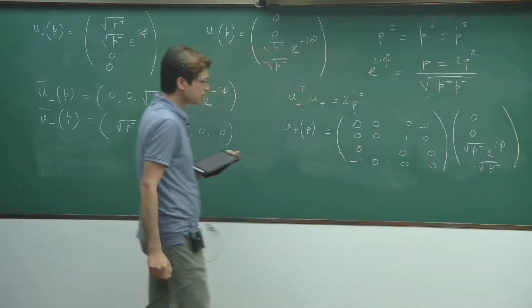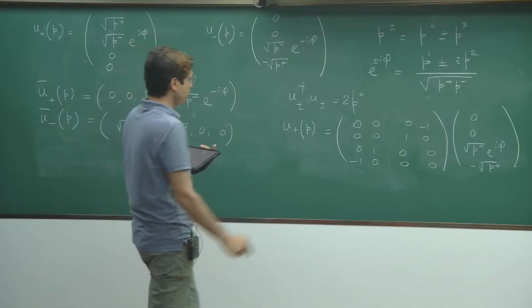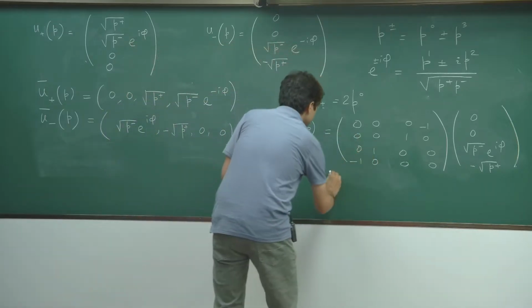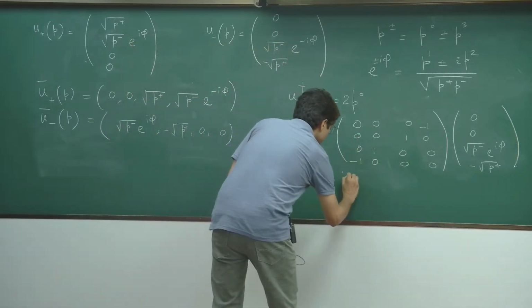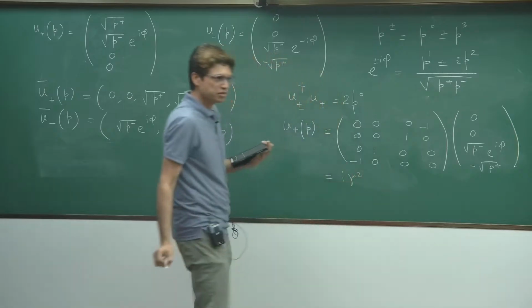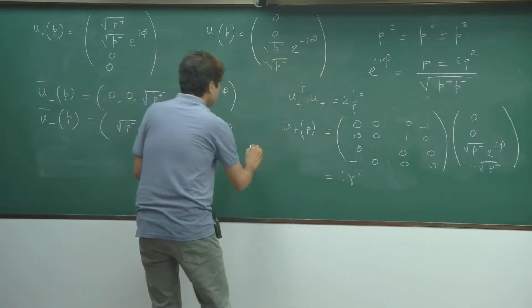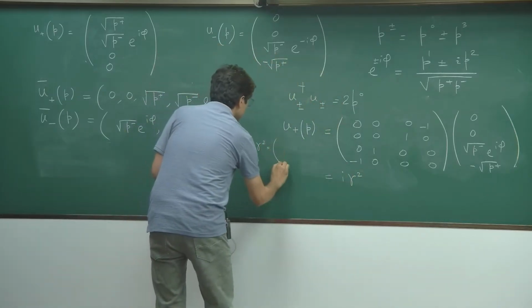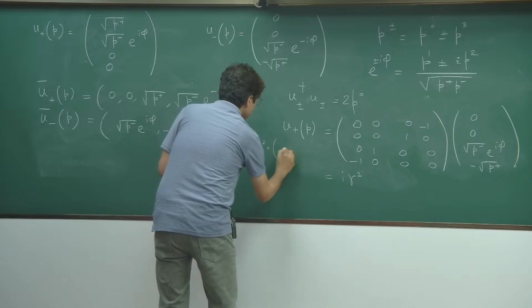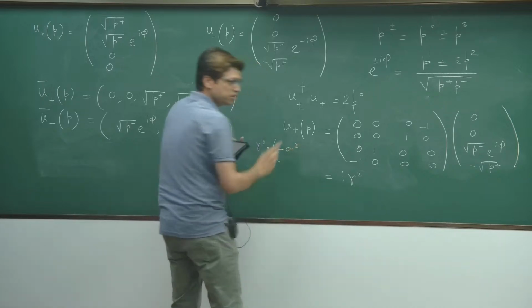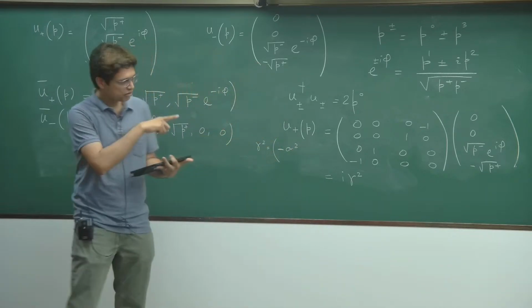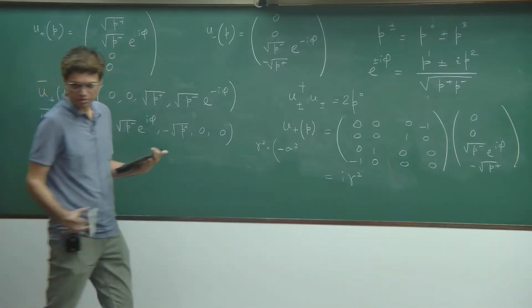Okay. And this is nothing but i gamma 2, right? Because gamma 2 was minus sigma 2 in my notation, right? So that is exactly i gamma 2.